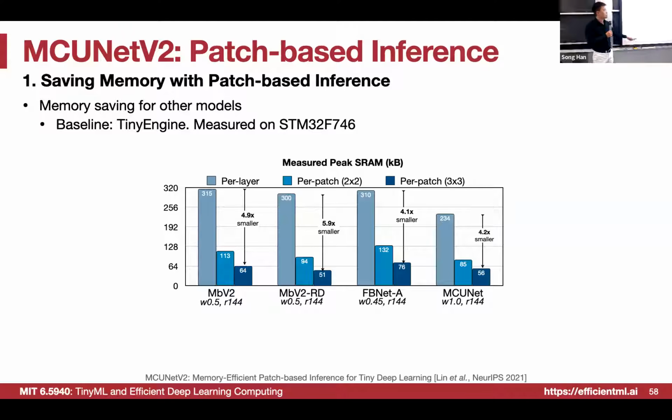So this is the measured result for peak memory usage. Per layer versus 2x2 patch versus 3x3 patch can be like 4 to 5 times smaller usage for this SRAM. And this is the memory saving when we were publishing this work in NeurIPS 2021.